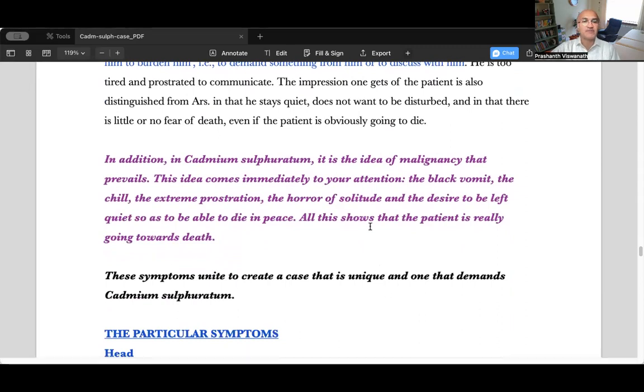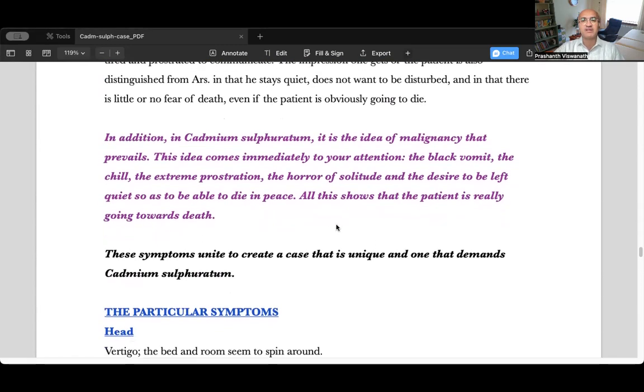And what Dr. Vithoulkas says is that in cadmium sulfuricum, the idea of malignancy prevails. This idea must immediately come to our attention. The black vomit, the chill, the extreme prostration, the horror of solitude, and the desire to be left quiet so as to be able to die in peace. Now, as is obvious, when he is in this situation, all this shows that the patient is really going towards death.